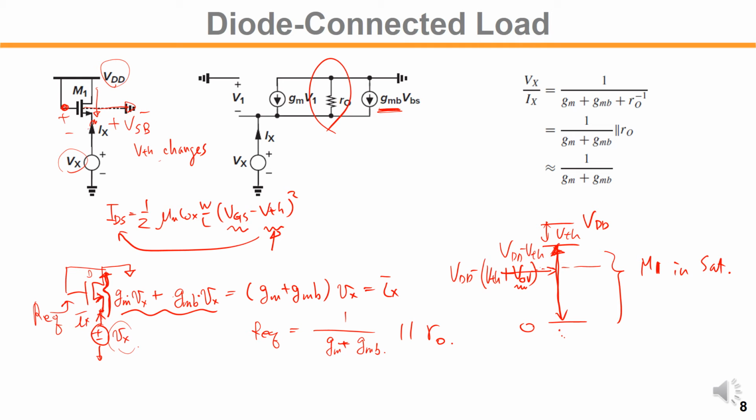So if you have a large overdrive voltage there, your output swing can move around only this part. If your swing is bigger than that, then it will clip like this, right? So there's not much signal room for such a diode-connected load.